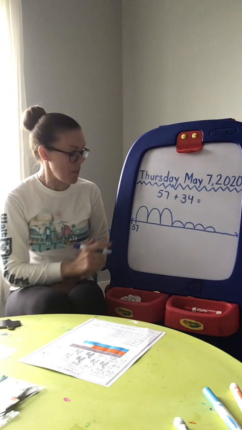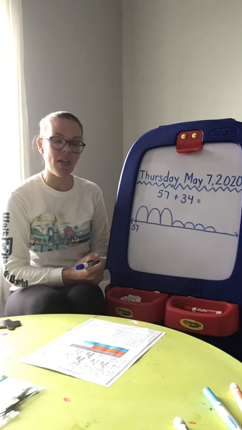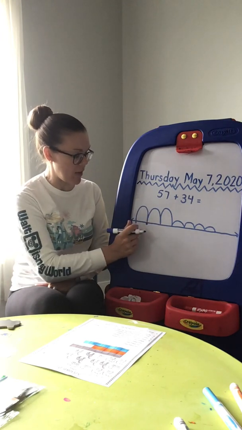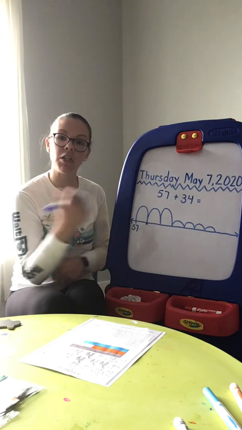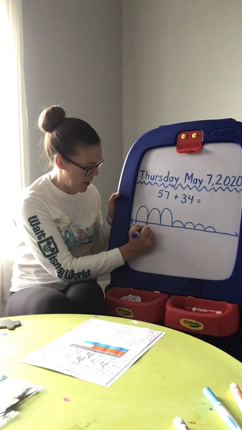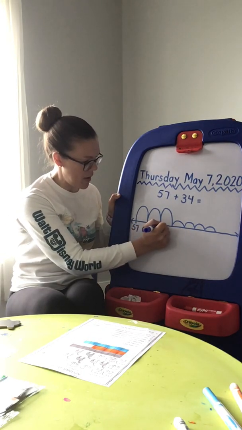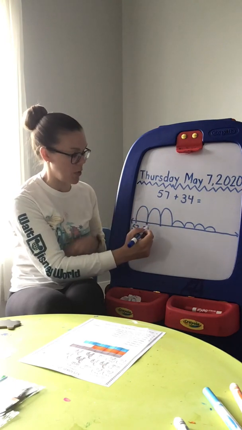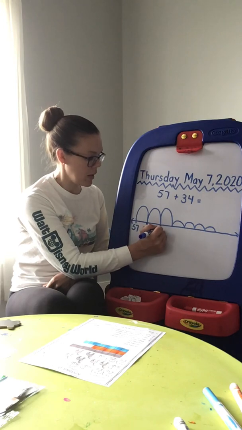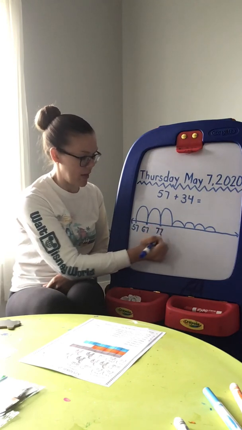So now I have to add these jumps together. This is a 10 jump, which means we're gonna do 57 plus 10, which is 67. Okay. Oh, there's another 10 jump, which means we're at 67 plus 10 equals 77.